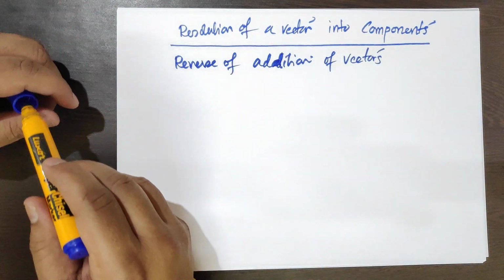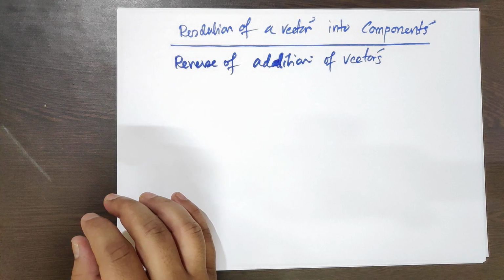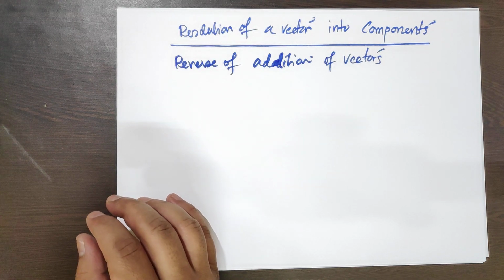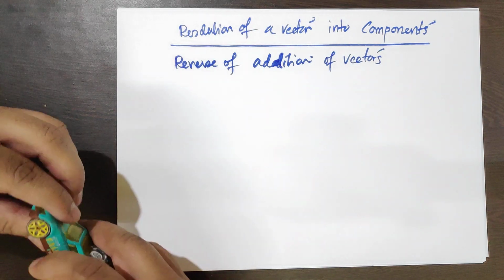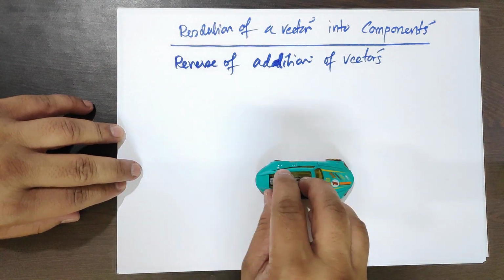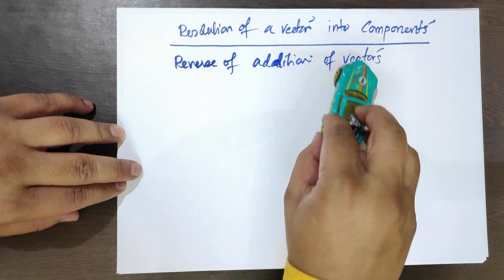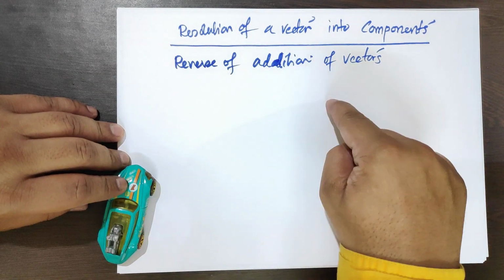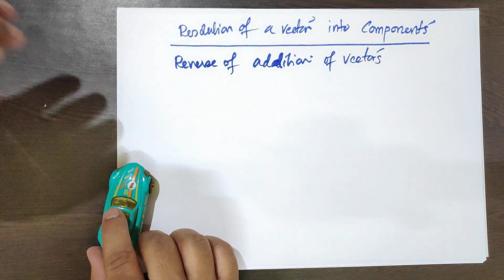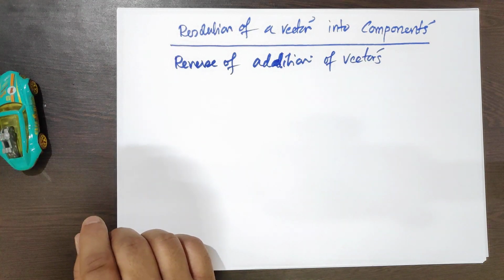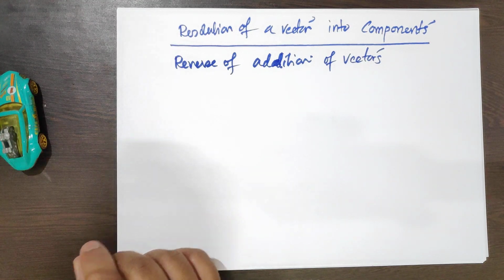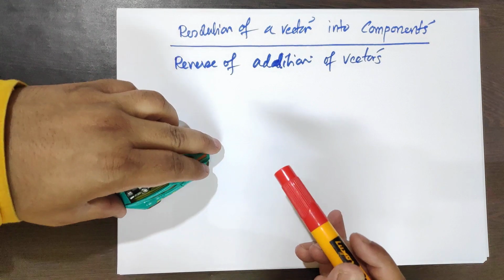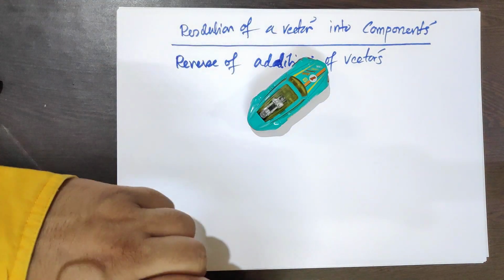Okay, so we have added two vectors in this way. Say this car, the car moves from here to here, so the displacement vectors are this, this and this, so resultant is this. Now suppose I ask a question that a car goes from here to here.